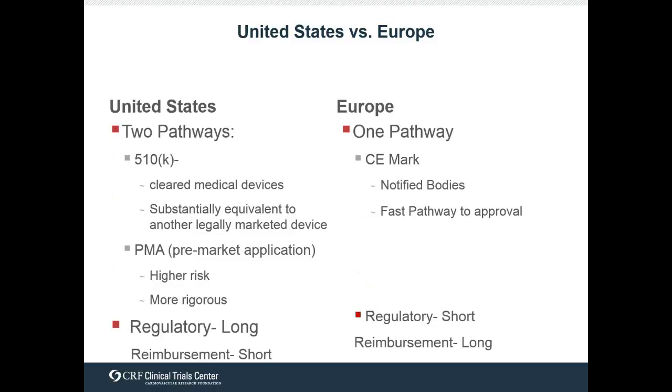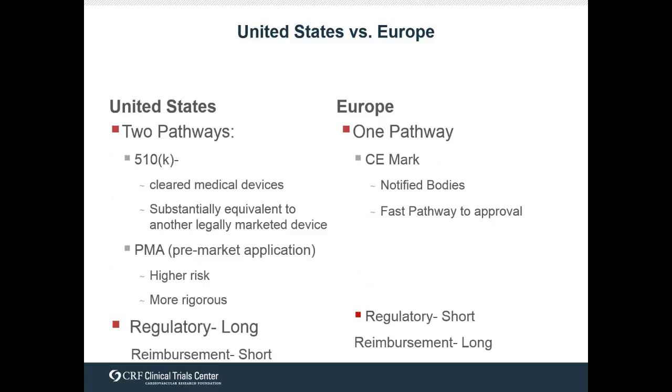It's a long, rigorous process, is costly, and is associated with more risk to the sponsor. The regulatory pathway in the US is much longer compared to the CE mark pathway in Europe, which is handled by notified bodies, private organizations certified to give the CE mark, and the pathway to approval is often much faster.